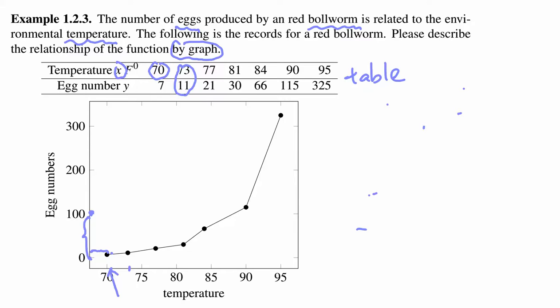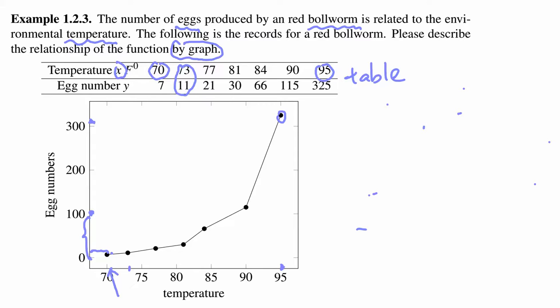And then for the last one, 95 degrees right here, corresponding to 325. That's slightly higher than 300. So that's the last point. And then you connect all the points together, you will get a graph.